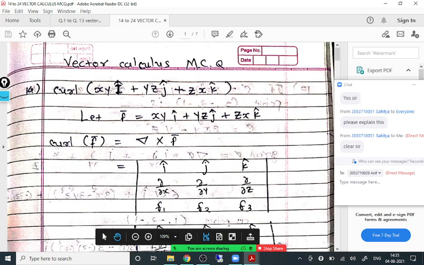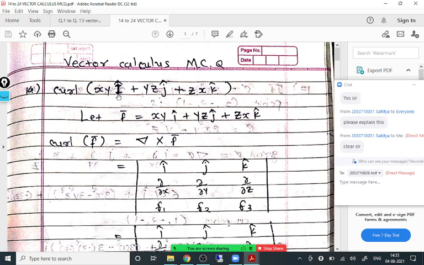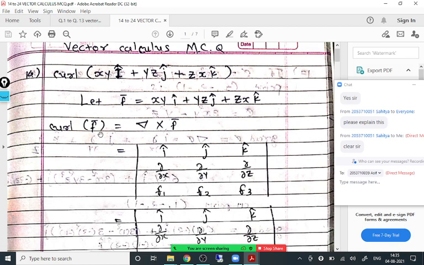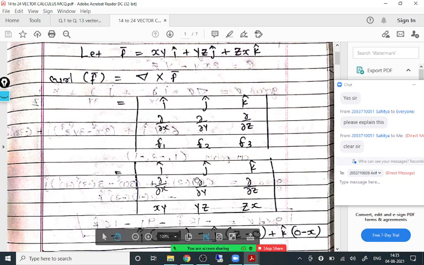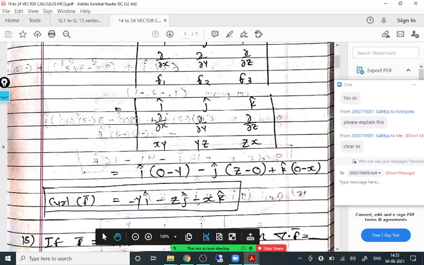These questions were completed by Neil. Question number 14: curl of xy i cap plus yz j cap plus zx k cap. So we have to find the curl. It is del cross f bar. Yes, correct. Don't do this detailing in MCQ questions.